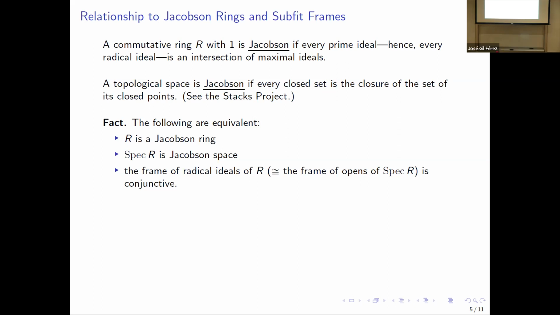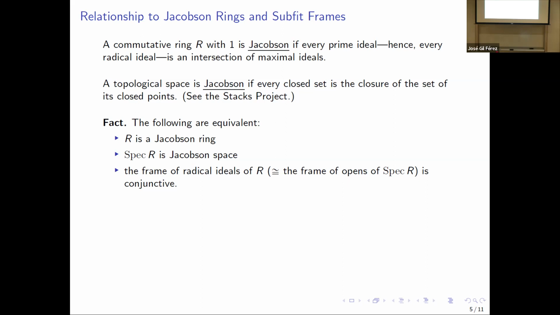This condition is reminiscent, and Simmons pointed this out, of the Jacobson condition on commutative rings. A ring is called Jacobson if every prime ideal, and hence every radical ideal, is an intersection of maximal ideals. In the Stacks project, they christened a topological space Jacobson if every closed set is the closure of the set of its closed points.